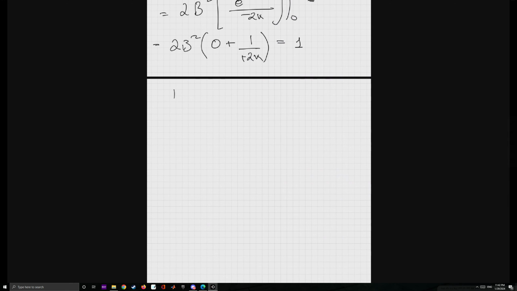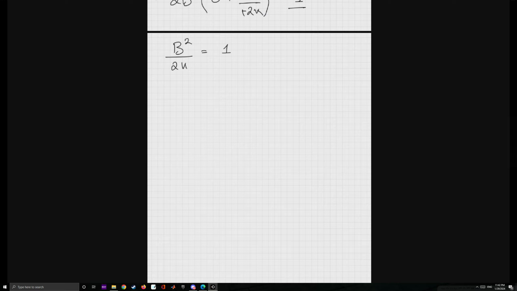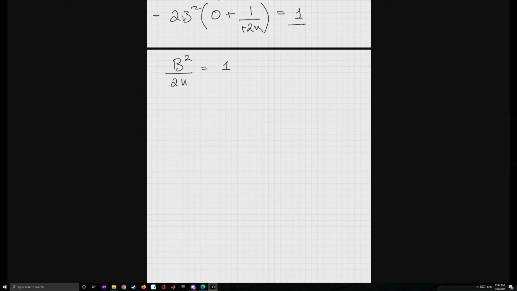So b squared over 2k equals 1. This 1 is the normalization condition.